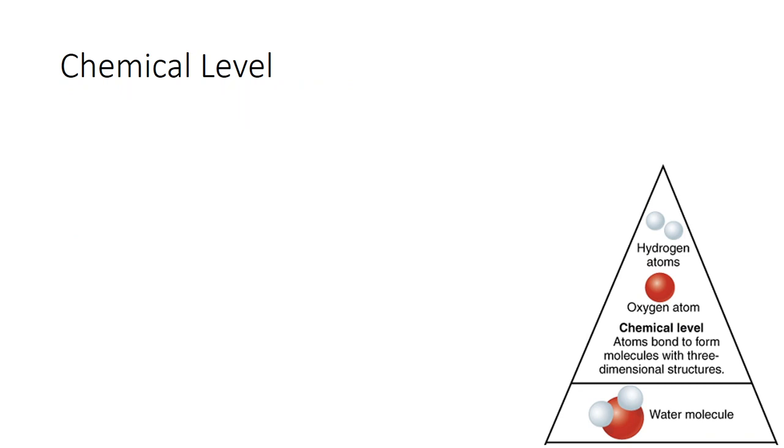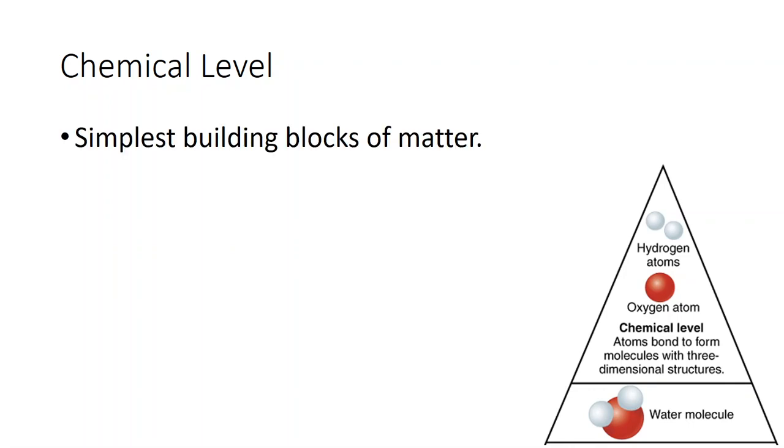To study the chemical level of organization, scientists consider the simplest building block of matter, subatomic particles, atoms and molecules. All matter in the universe is composed of one or more unique pure substances called elements.